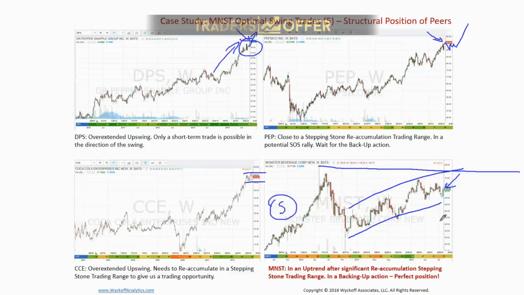And at this point of time, think about how institutions are thinking. If they are looking at all of these 4 charts and they have to pick one stock, which one would they pick at this point of time? They're probably going to go for a stock that is assumed undervalued with previous characteristics of leadership.